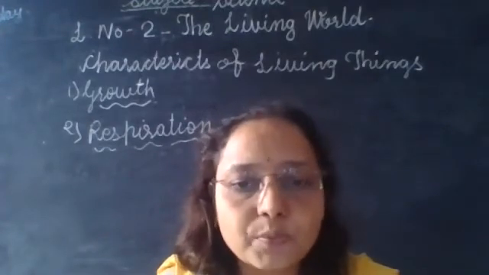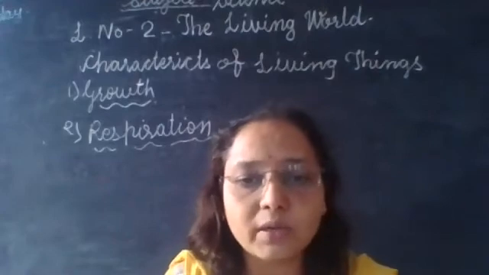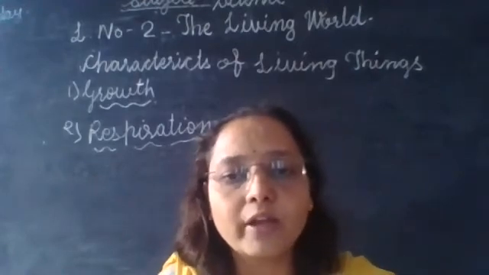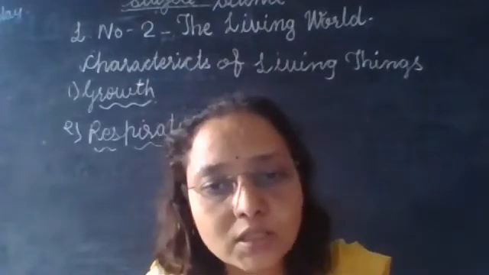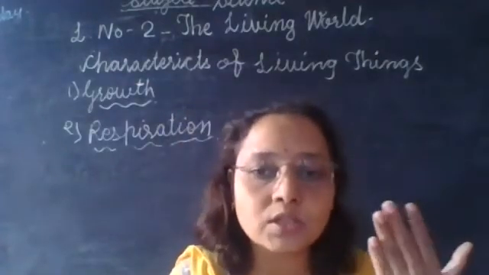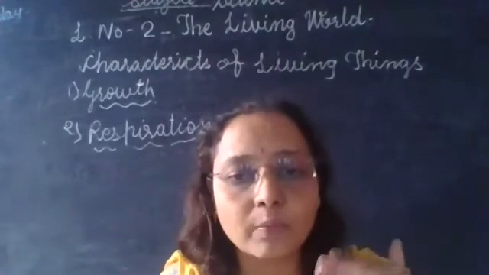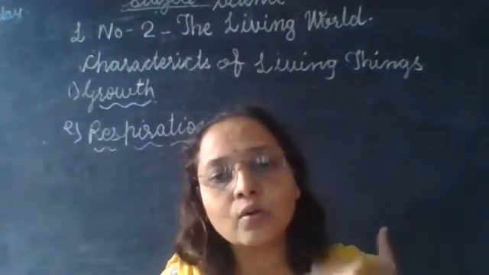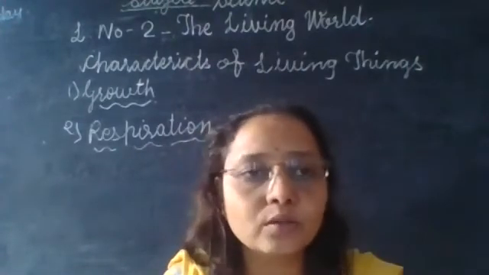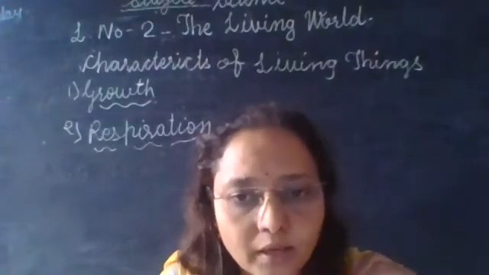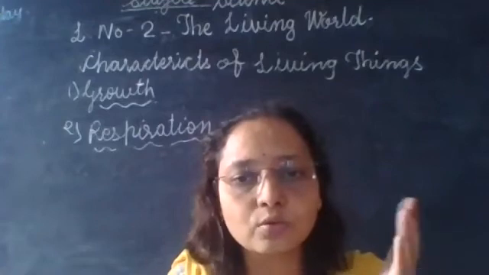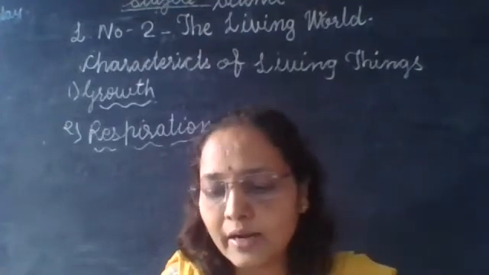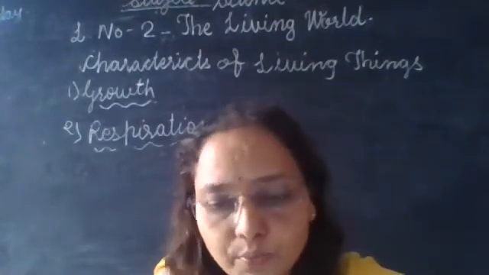respiration. So what is meant by respiration? When we inhale oxygen and exhale carbon dioxide, that oxygen mixes into our blood and circulates through the blood throughout the body, and carbon dioxide is exhaled out through the nostril; that is the respiration process.